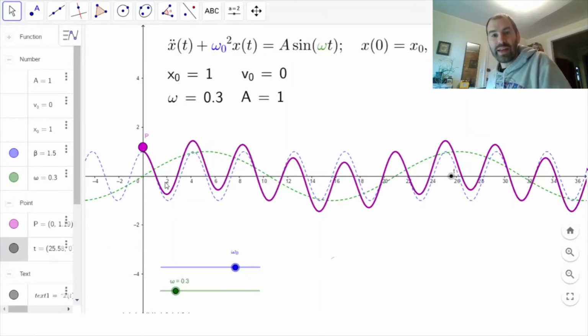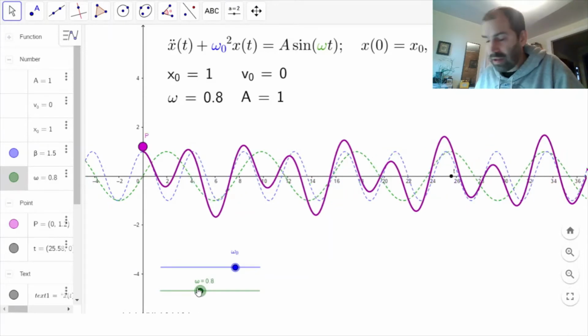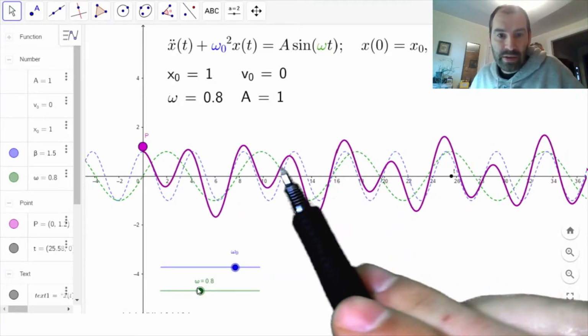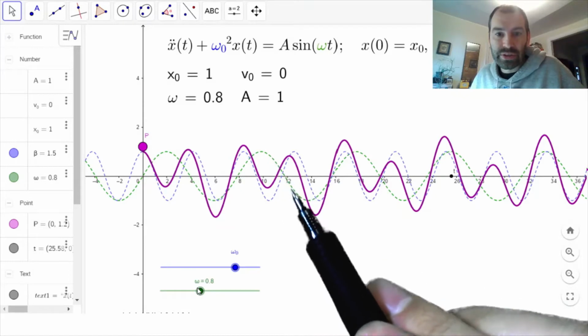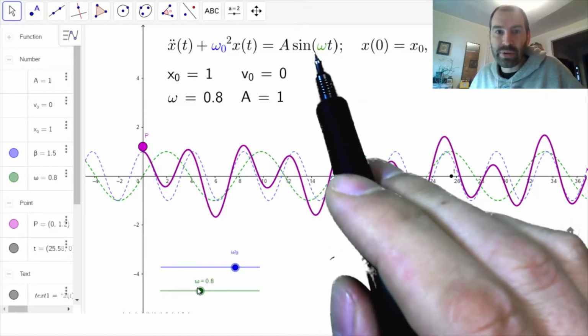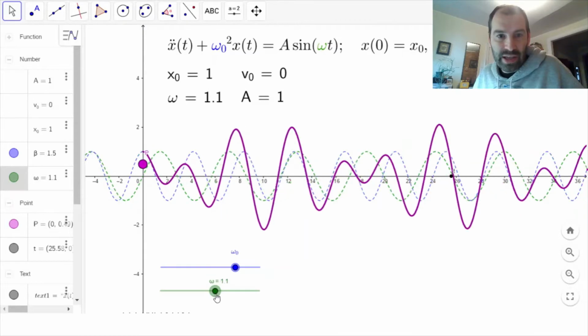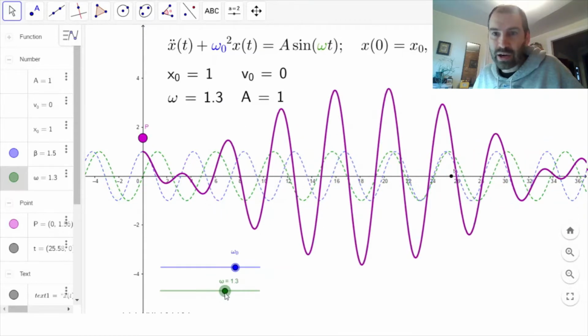So let's take a look at that. I'm going to change omega on the slider, and you can see as I change omega, the green particular solution is lining up, right? The frequency corresponding to omega is lining up with the natural frequency of the spring. And you can see that things are getting kind of crazy here.